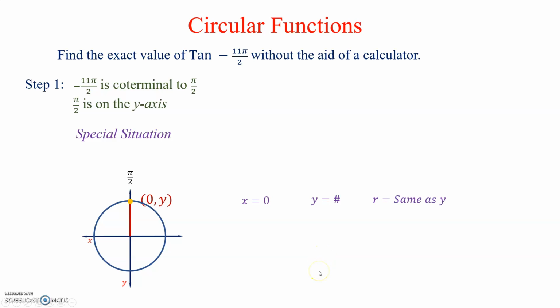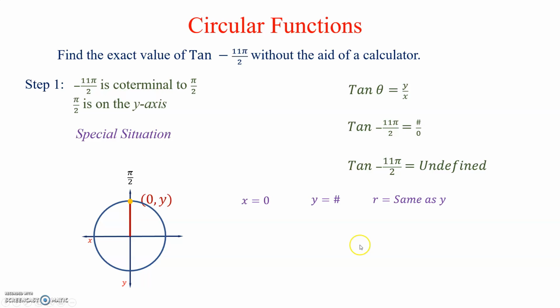So now we should have enough information to determine the tangent. If tangent is y over x, we know y is some generic number, but x is 0. So we have a very specific ratio. But any number divided by 0 happens to be undefined. So our answer here is actually undefined.